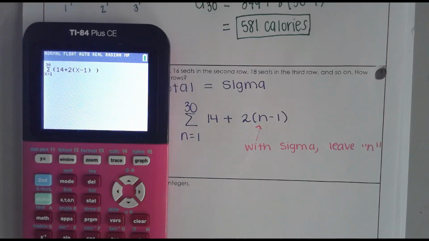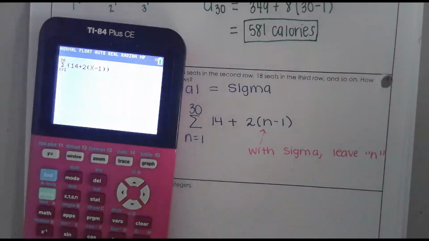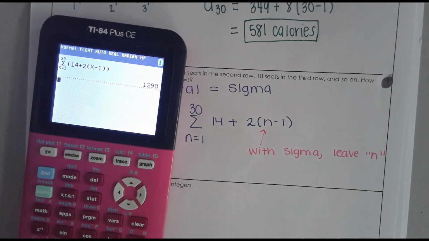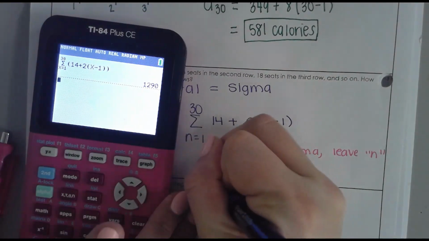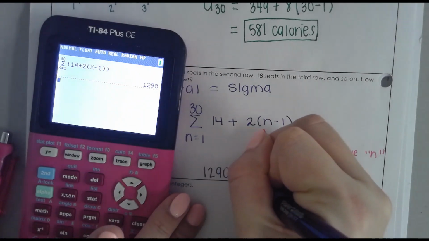Get that typed in your calculator. What do we got? 1290 is correct. So 1,290 seats.